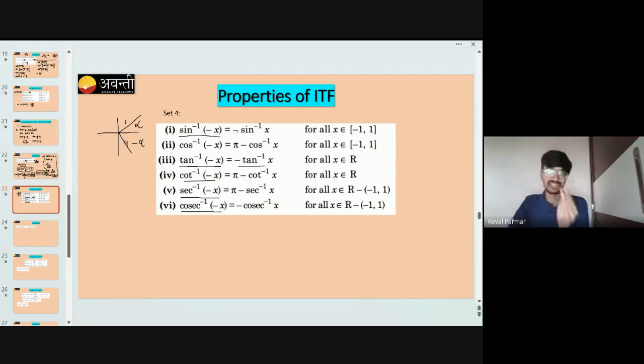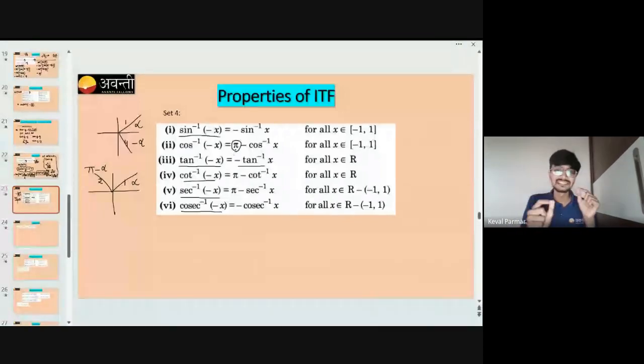Therefore, the negative sign just comes outside in sine inverse, tan inverse, and cosec inverse. Similarly, for cos inverse, cot inverse, and sec inverse, the second quadrant angle is pi minus alpha. So here comes pi minus, because we want the answer in the second quadrant. I hope this makes it easier to remember the formula.